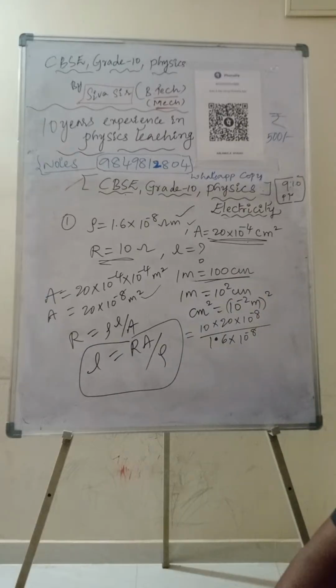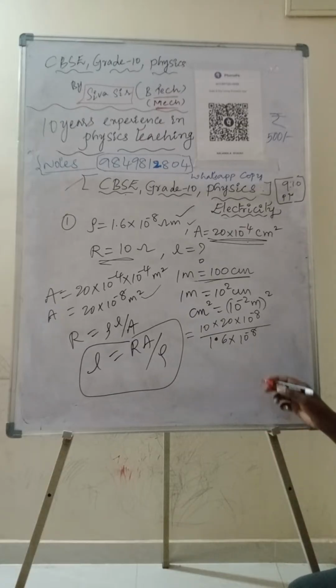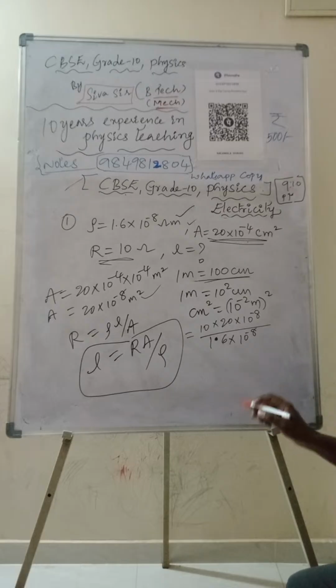So here you can observe 10 power minus 8 is there in both, so 10 power minus 8 will get cancelled.